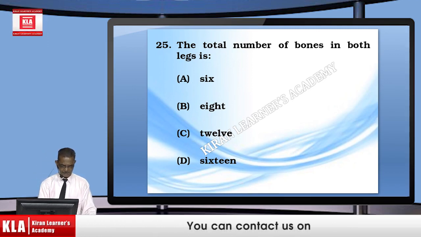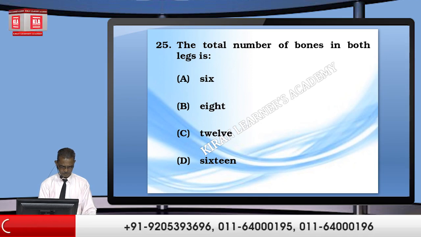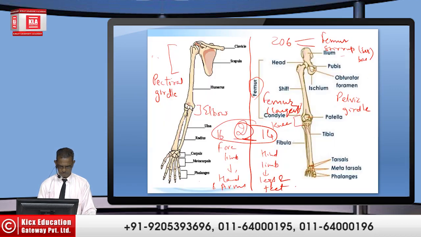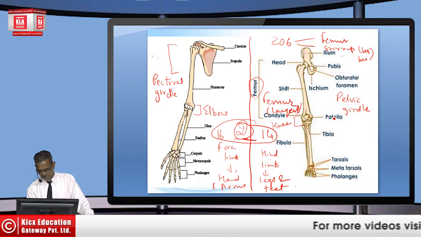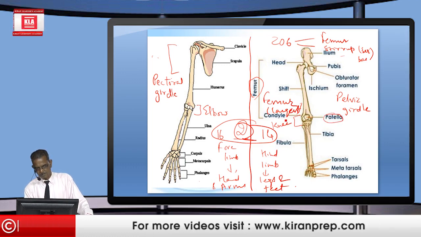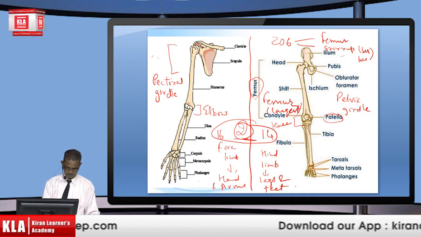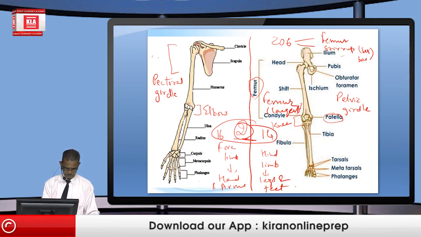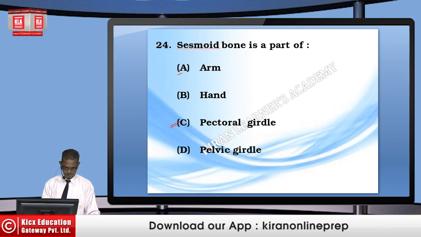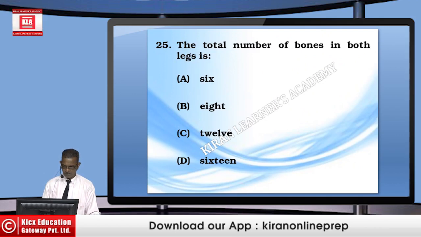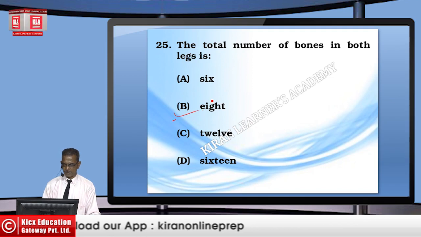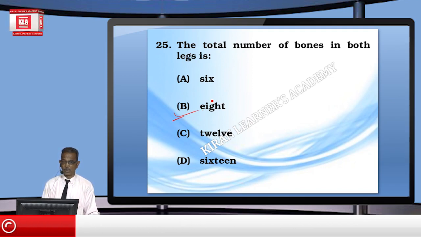That means if I go back, here, can you see this? That is the fourth bone in the leg. So the number comes to 8, instead of 6 in the forelimb.